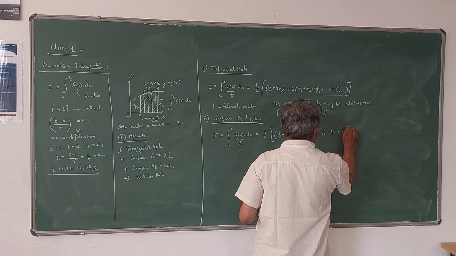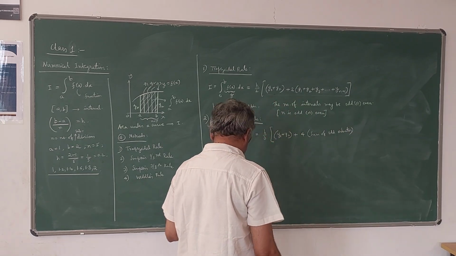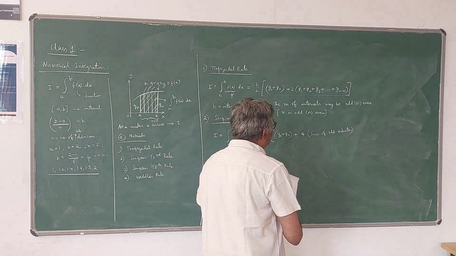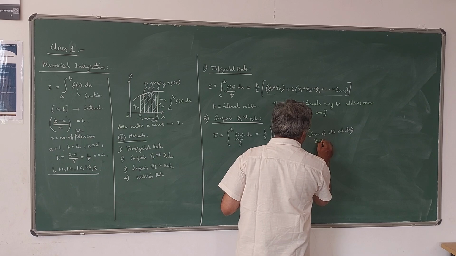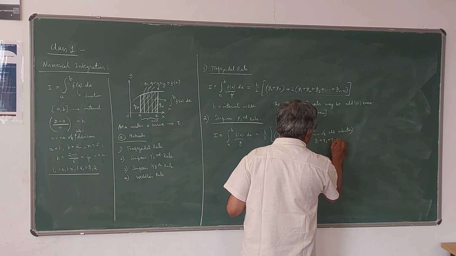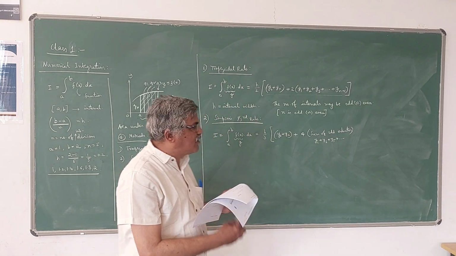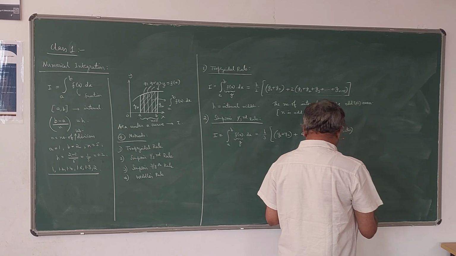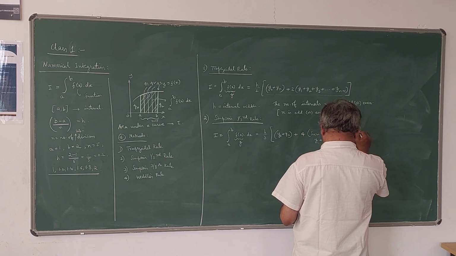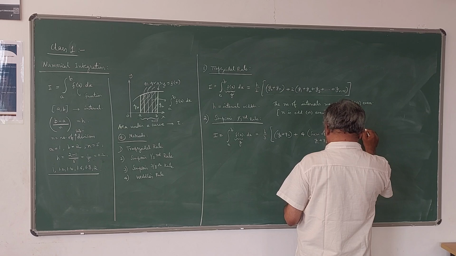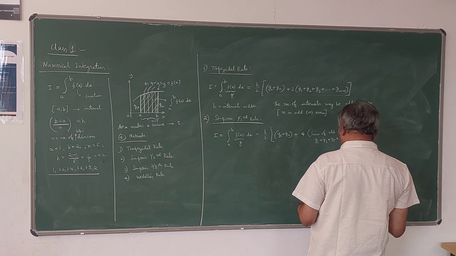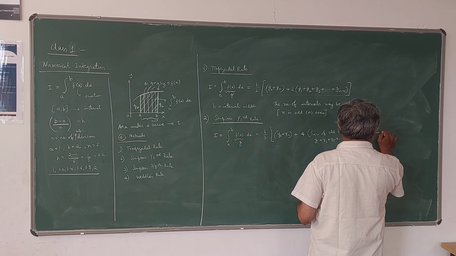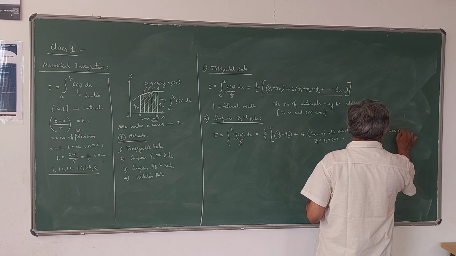What do you mean by odd ordinates? y1, y3, y5 are called odd ordinates. So the sum of all odd ordinates means y1 plus y3 plus y5 like this. That is the sum of odd ordinates, plus 2 times the sum of even ordinates.